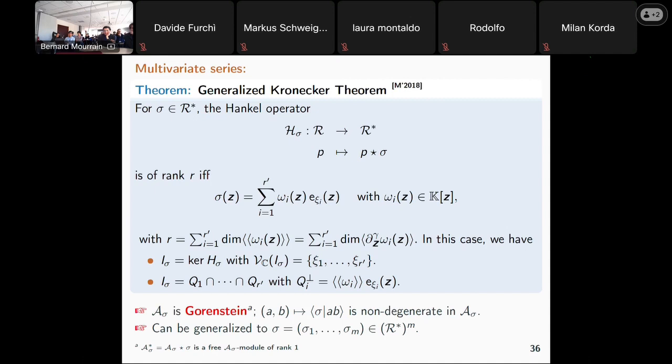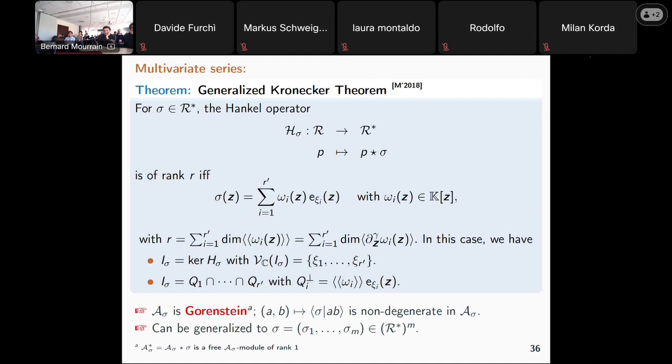Moreover, we have that the kernel of this operator is an ideal. Check. You multiply P times by 0, then PQ times sigma is 0. The product is commutative here, and you have associativity. So this is an ideal, and the zeros of this ideal are precisely the points which are here.